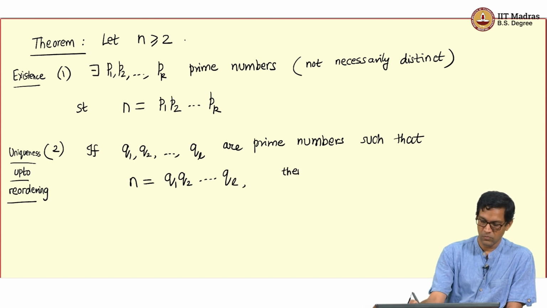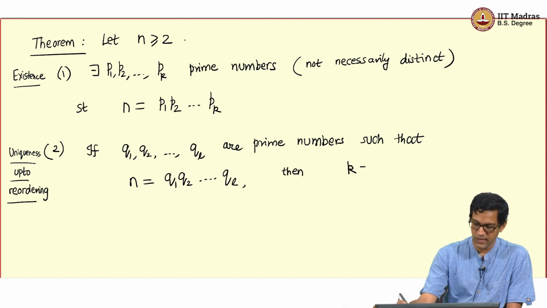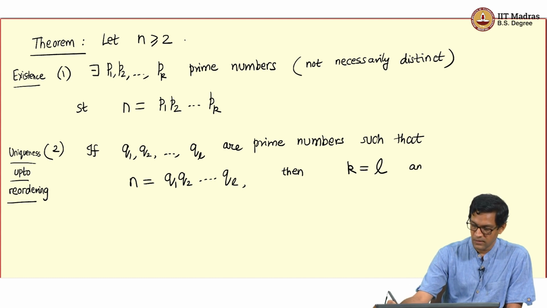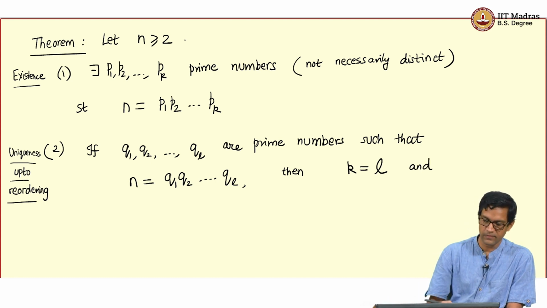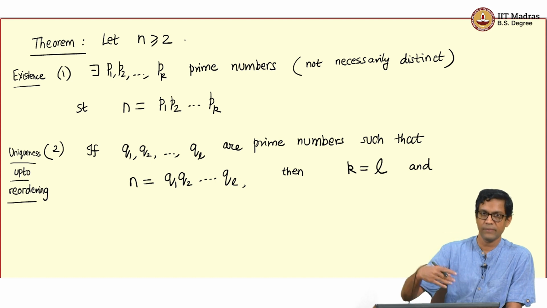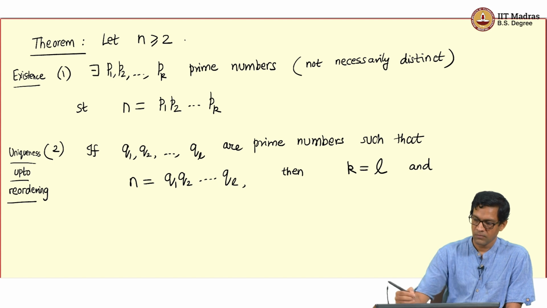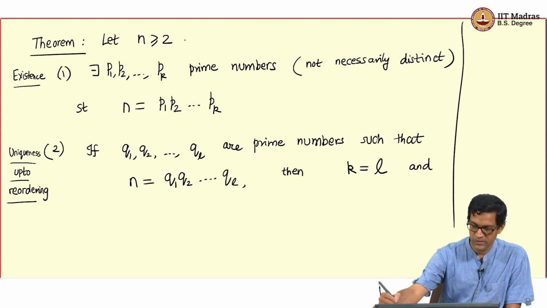Then what we would like to say is that firstly the number of terms in the first and the second expressions are the same, k is equal to l, and we would have liked to say that the primes match, p1 is the same as q1, p2 is the same as q2 and so on, but that may not actually happen in practice.